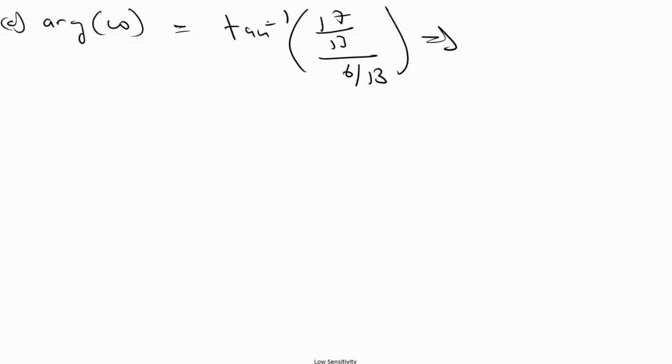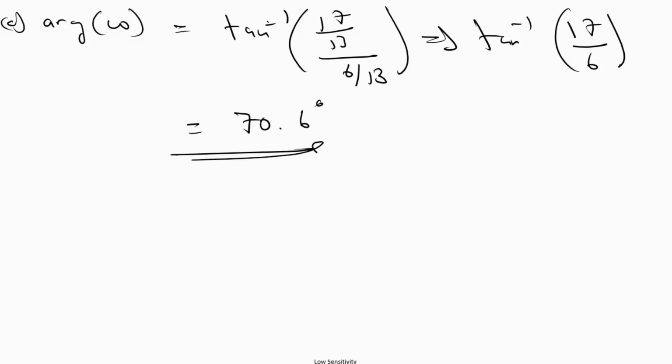This simplifies to arctan of 17 over 6. And this one we can do now on calculators. Here we get 70.6 degrees. So that's the solution that we get there.